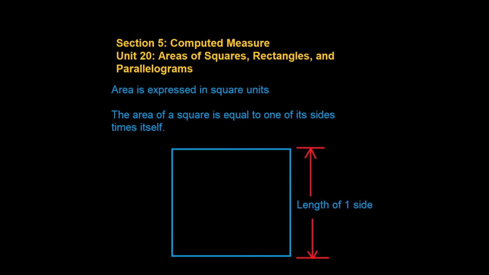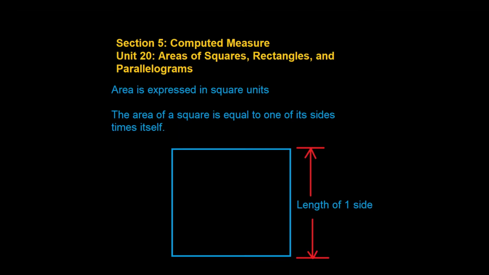Let's say this was equal to 5 meters. 5 meters times 5 meters equals 25 meters squared. Again, simple enough. We'll do one more just to bring it home.